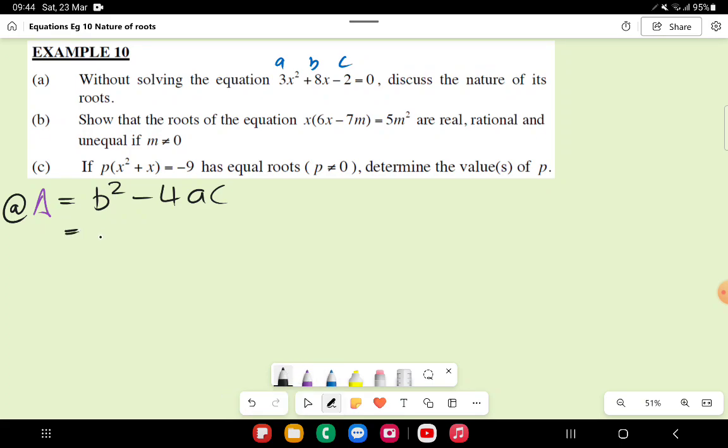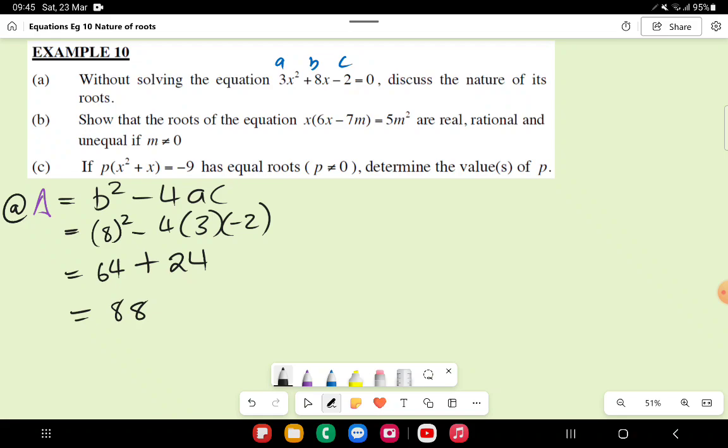This means that it is 8 squared minus 4 times 3 times negative 2. So 8 squared is 64, minus and minus is plus. 4 times 3 is 12, 12 times 2 is 24. Add those up, that's 88.